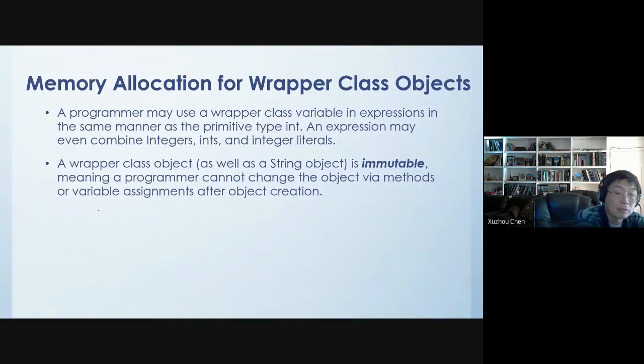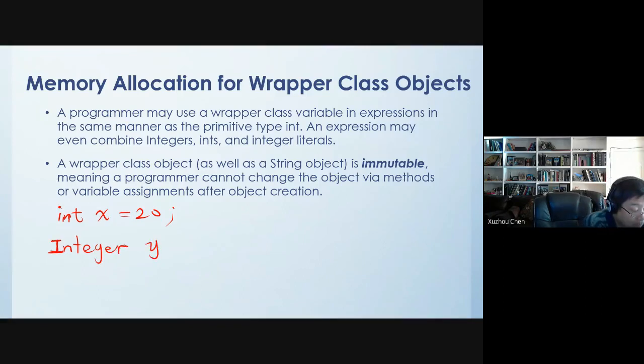For example, I can declare int x and initialize the x value to 20. But sometimes I want to use the integer as an object. So Java defines something called a wrapper class. The wrapper class for the primitive type int is called Integer, with a capital I, and then Integer y.